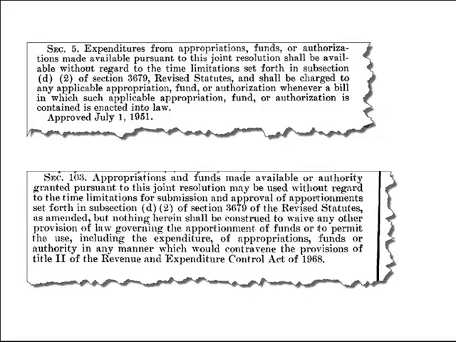So, in 1968, Congress amended the language, adding, "But nothing herein shall be construed to waive any other provision of law governing the apportionment of funds." This amended version has continued to the present day. The Anti-Deficiency Act reference has, however, changed twice.